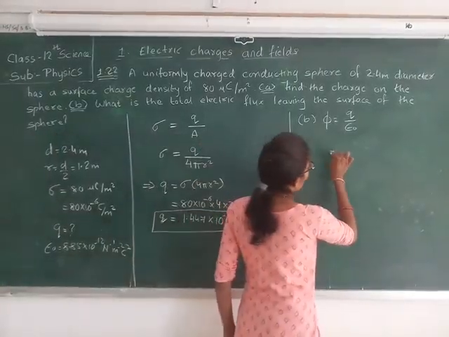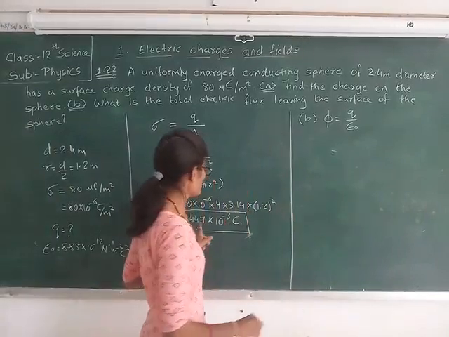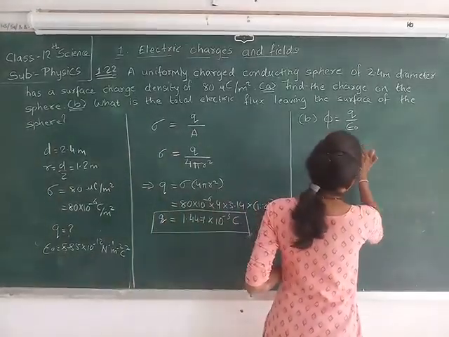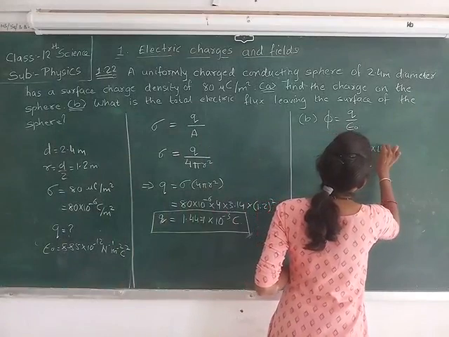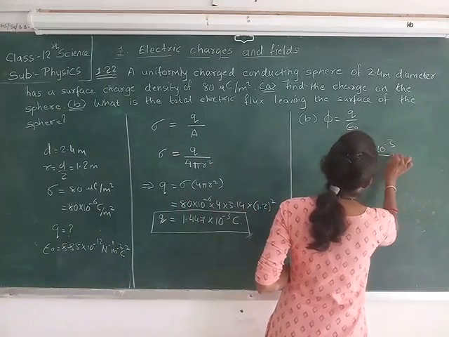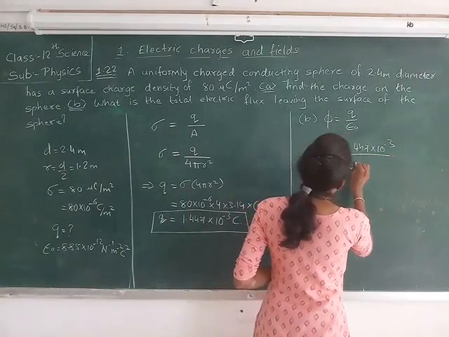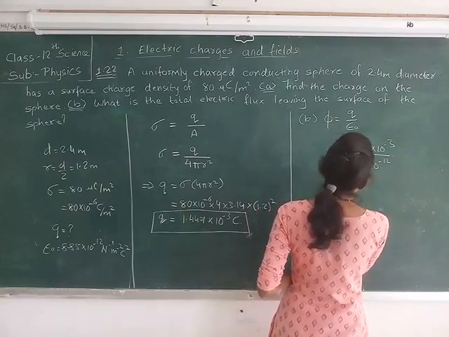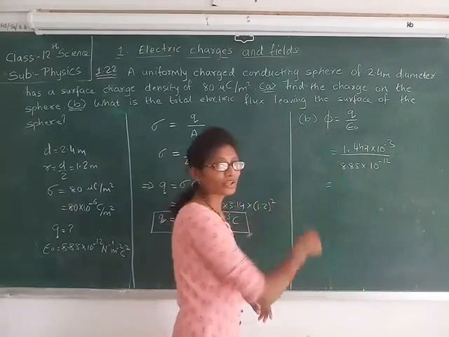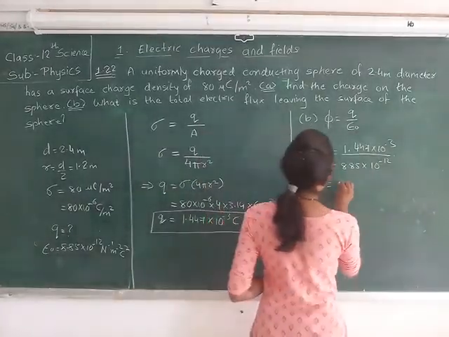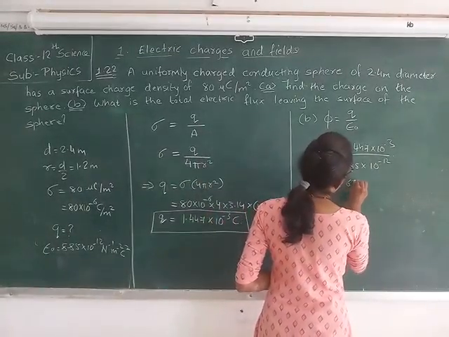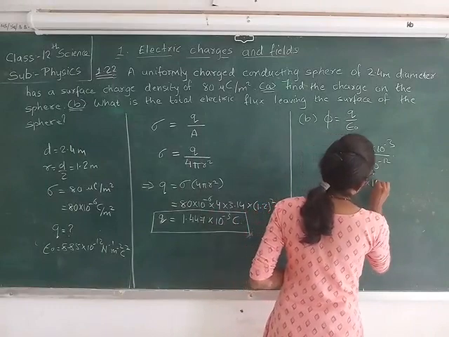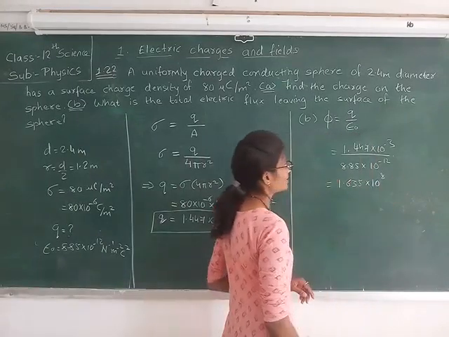Now substituting the value of the charge, we have 1.447 into 10 raised to minus 3 upon 8.85 into 10 raised to minus 12. When we calculate this, we get the value as 1.635 into 10 raised to 8.